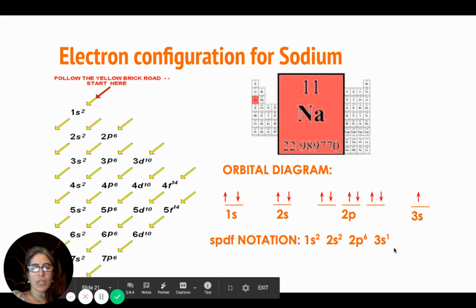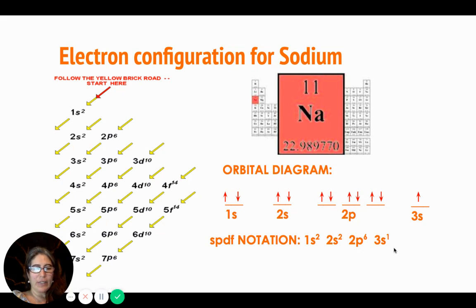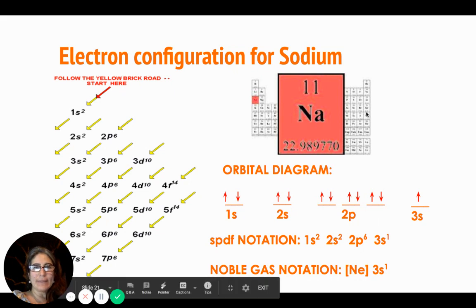Another format for electron configurations is what is called noble gas notation. If you go to the periodic table, you will notice that the noble gas that is previous to sodium is neon. Neon has 10 electrons.